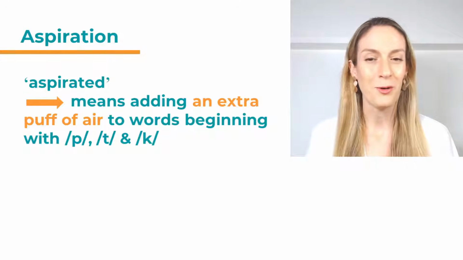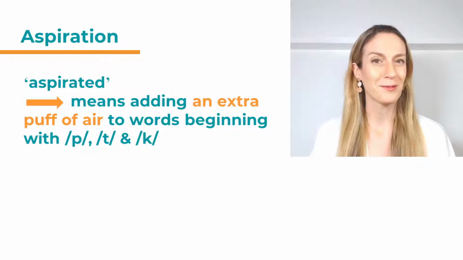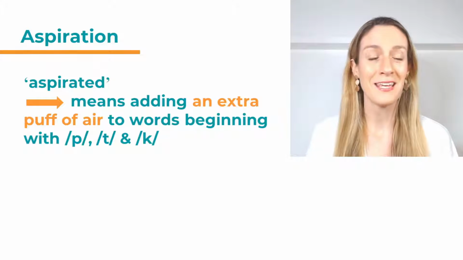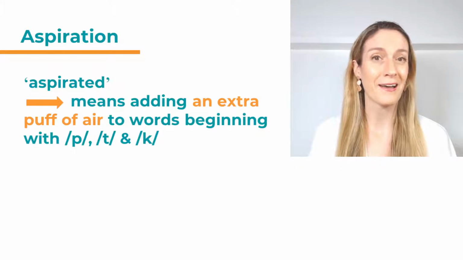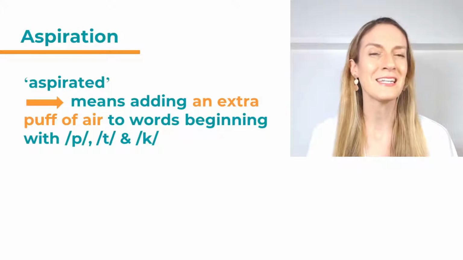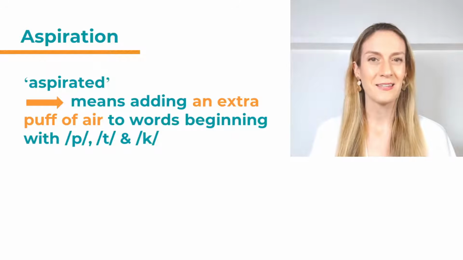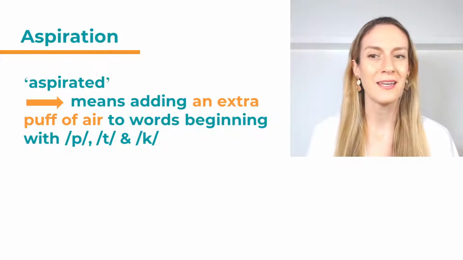You'll hear it in a moment when I give you some more examples of words starting with p, t, and k. And in fact, when I say the sounds on their own, you can hear that they're aspirated. Listen again carefully. P, t, k. I said them in an aspirated way. You can hear the p, but there's a little puff of air.